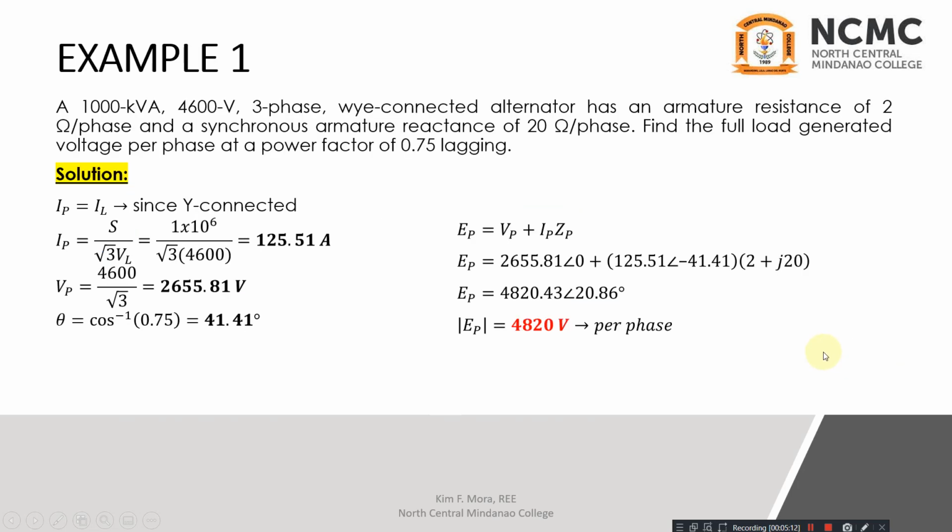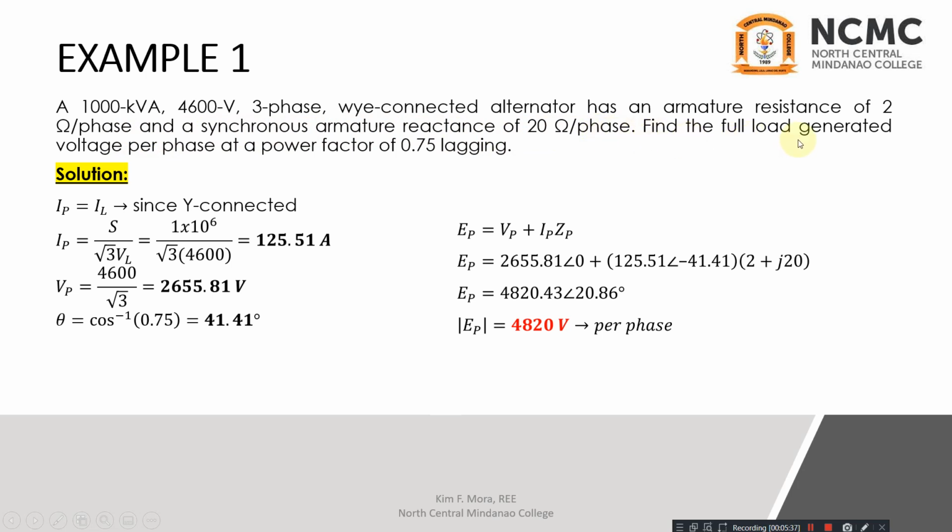Okay, so let's have example. Example number 1, a 1000 kVA 4600 volts three-phase Y-connected alternator has an armature resistance of 2 ohms per phase and a synchronous armature reactance of 20 ohms per phase.